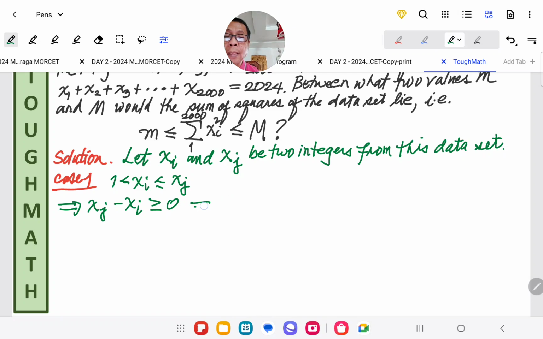And this in turn implies that x sub j minus x sub i plus 1 is at least 1. So we are sure that it is positive.